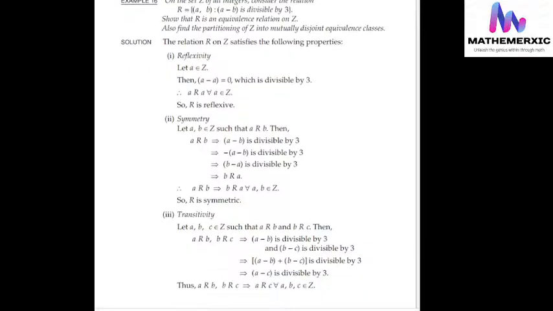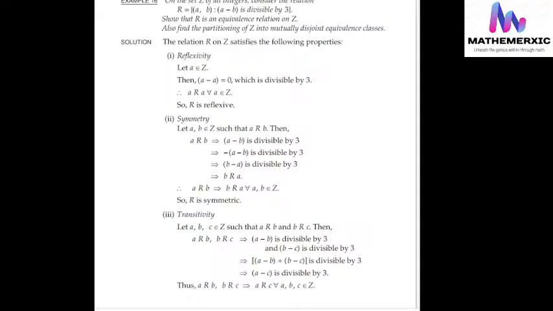The relation R on Z satisfies the following properties. Reflexivity: let a belong to Z, then a minus a is 0, which is divisible by 3.